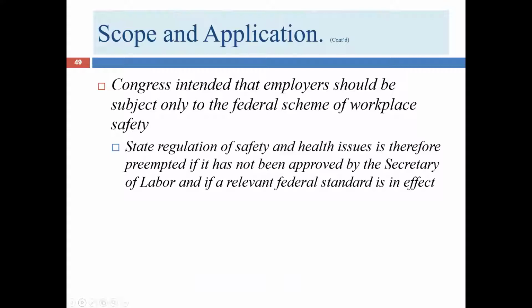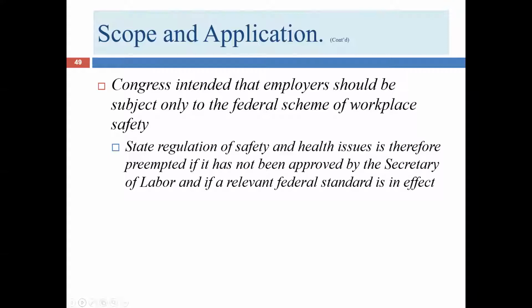We do see a fair amount of activity in California with an organization called Cal-OSHA, which is the California Occupational Safety and Health Administration, but is commonly referred to as Cal-OSHA. It tends to be a bit more aggressive in terms of compliance efforts, and sometimes it's a bit ahead of the level of activity that the federal government has done in a particular area. I'm thinking about repetitive stress injury specifically.